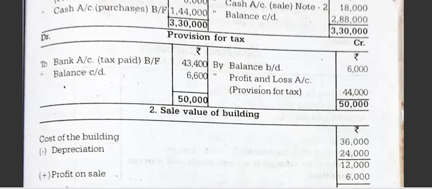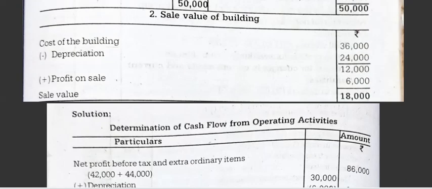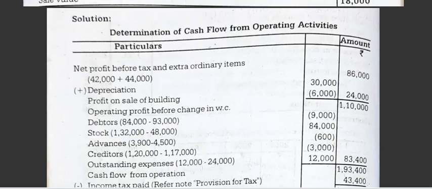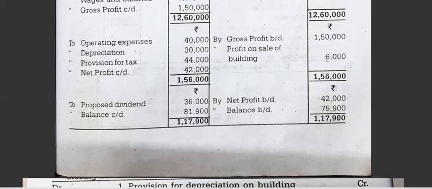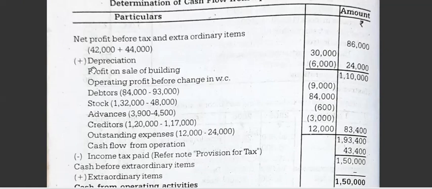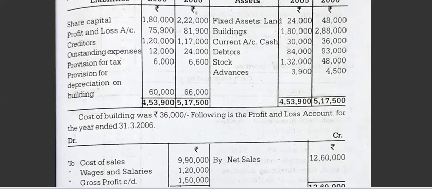Now we have to open the statement. First we will open the operating activities, then all three together. See here, operating activities: net profit before tax and extraordinary items. Before tax means before deducting tax. Gross profit is there, so 42,000 we have to take, plus extraordinary item 44,000.